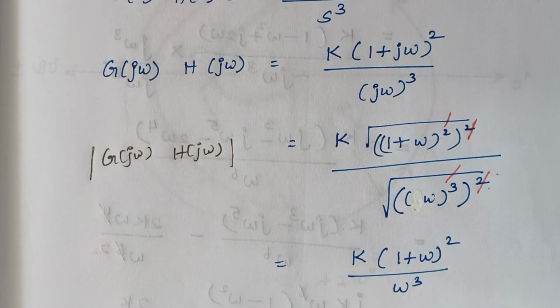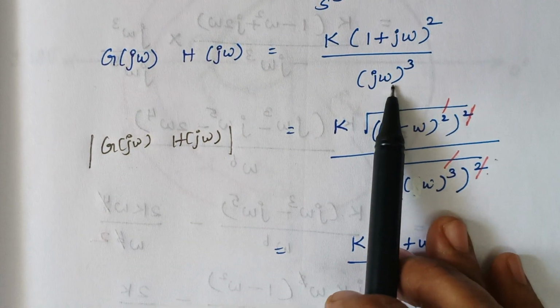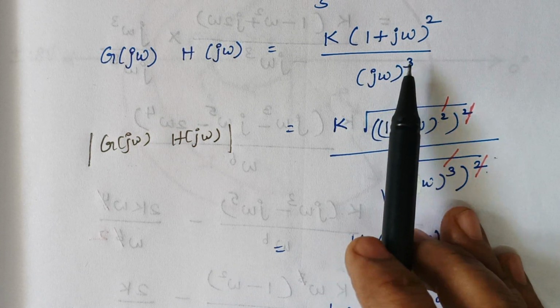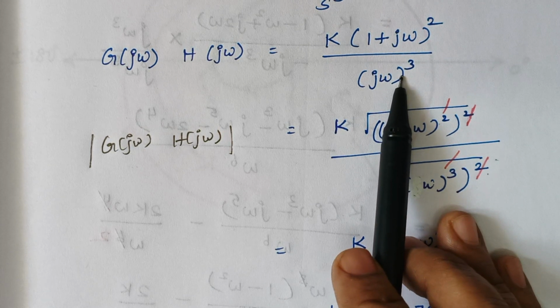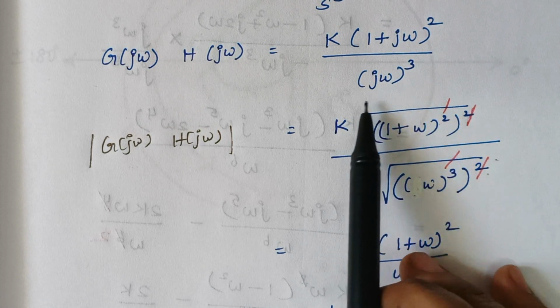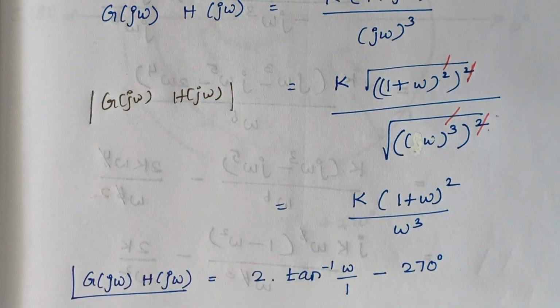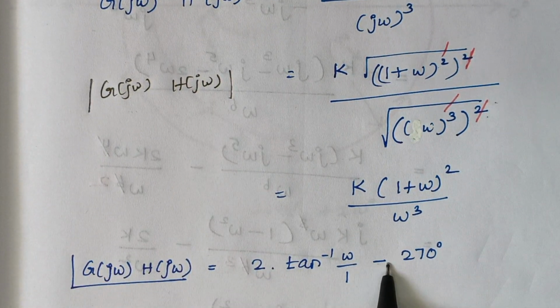And again, in the denominator I have omega cube. A single omega produces an angle of 90 degrees. Then what about omega cube? 90 plus 90 plus 90 gives rise to 270. Since this is the denominator term, I am going to shift this to the numerator, so here I have a minus sign.